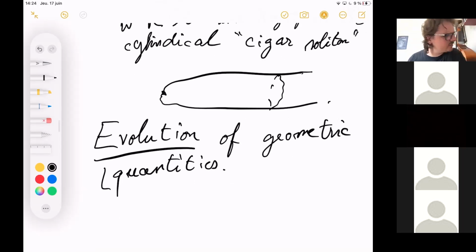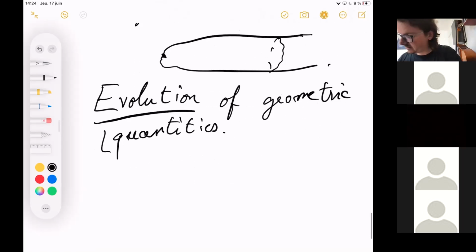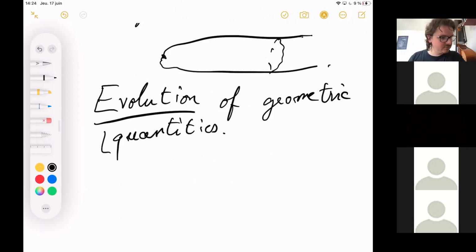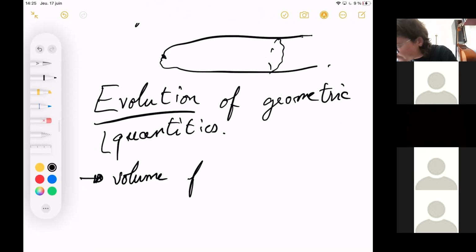Actually, the equations are not that bad in the end. We will prove just one, because it's a nice way to start. It will come back afterwards. So let's look at the evolution of the volume form. And then we will be able to look at the evolution of the volume.